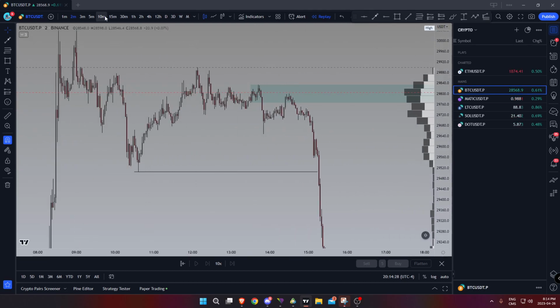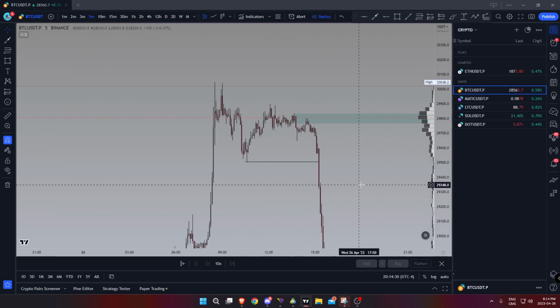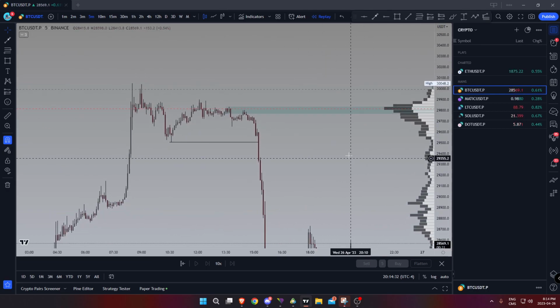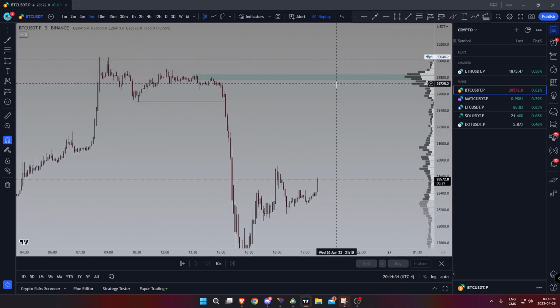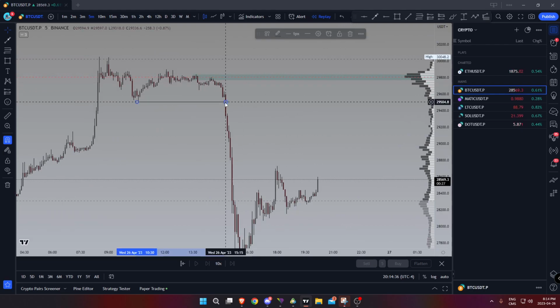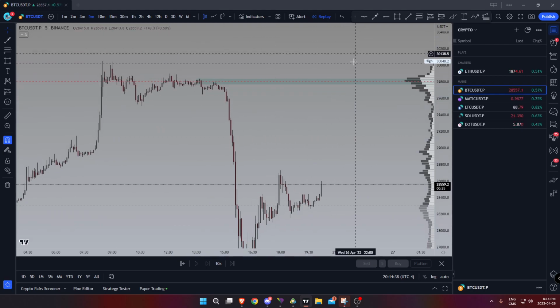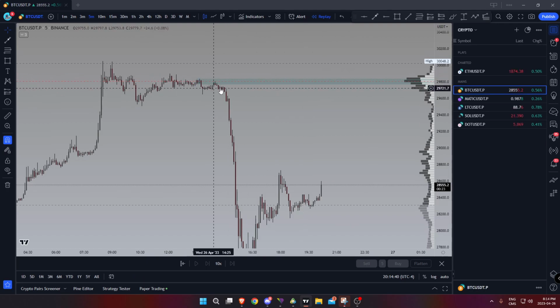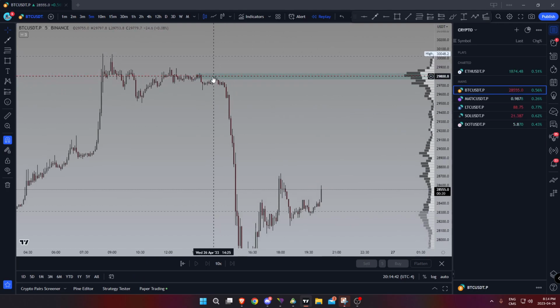So I don't want to place myself in an area where some orders are already taken, for when the price comes back and retests this area. It just has more chance to blow through. A lot of short orders are already gone from this area. I don't know if this makes sense to you.